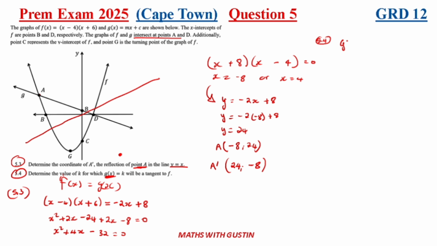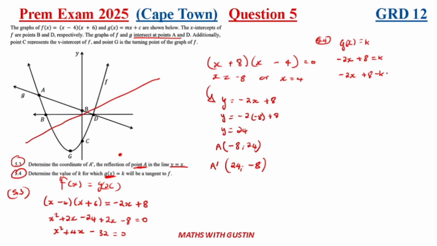Okay, g of x is equal to k. Negative 2x plus 8 is equal to k. Then you're going to bring k to this side here. So you're going to have minus 2x plus 8 minus k.